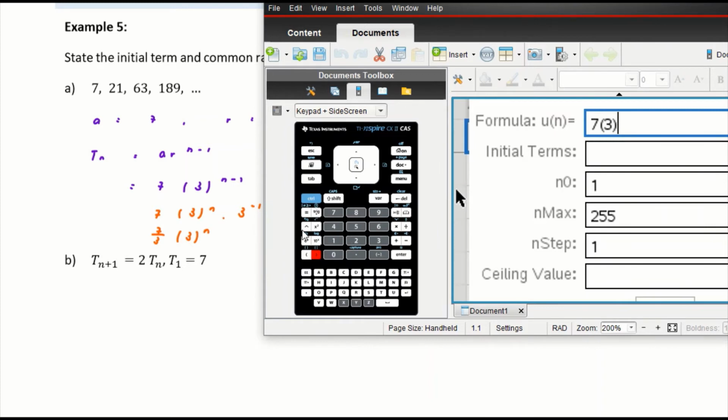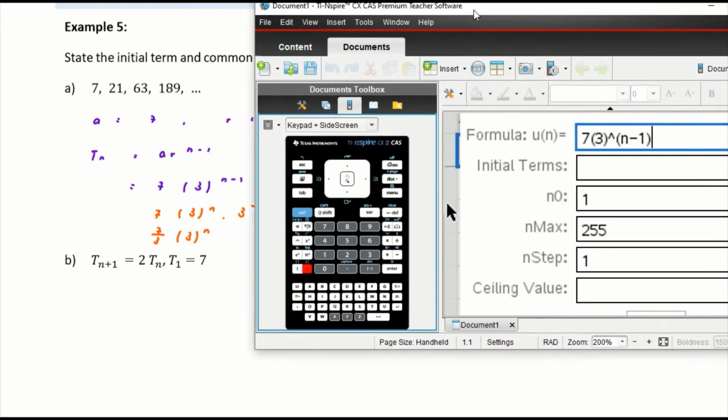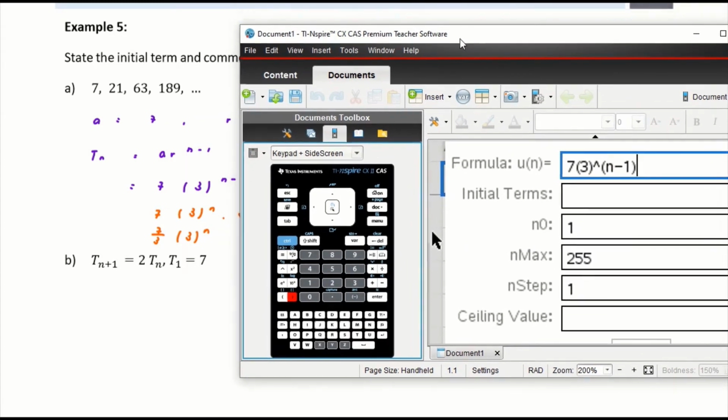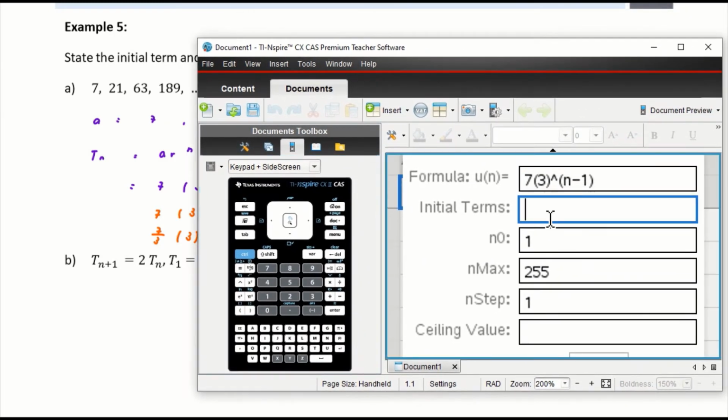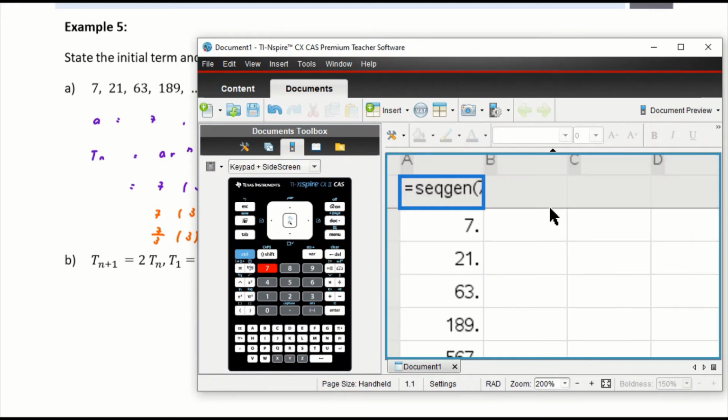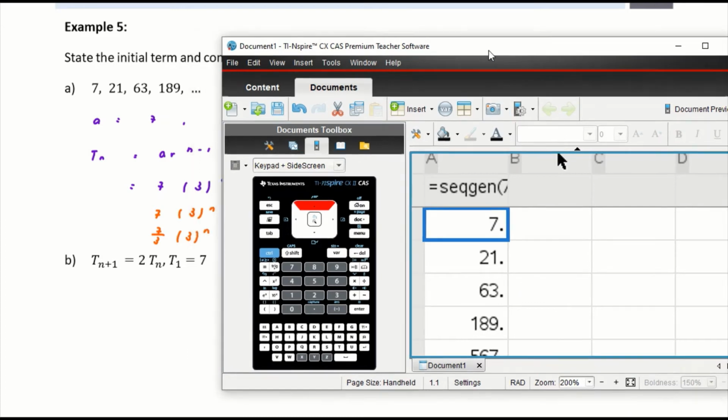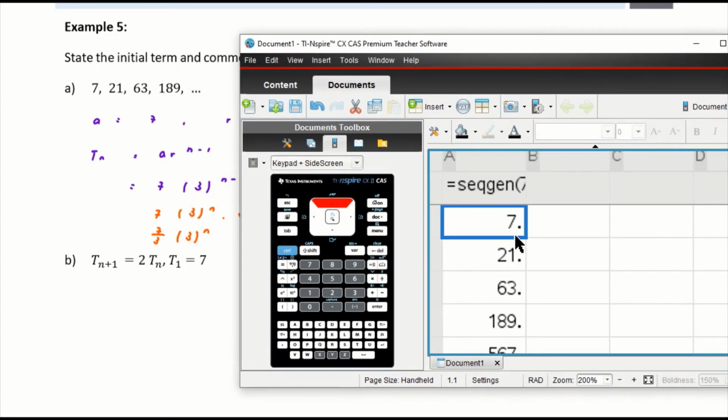How are you going to do that? You can see this sign, right? Power of, then after that you just put in n minus 1. You're following, right? After you key in this, you can key in your first term, which is going to be 7. Now you just tap everything, then okay. The calculator will generate everything, and you can see that you get exactly the same thing as what we have here: 7, 21, 63, 189, and so on.